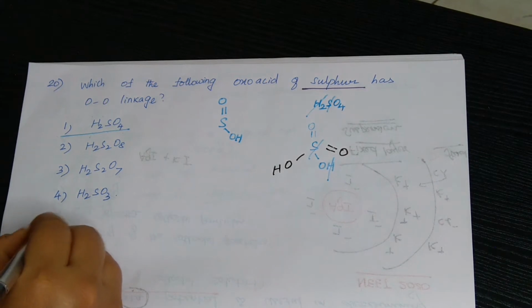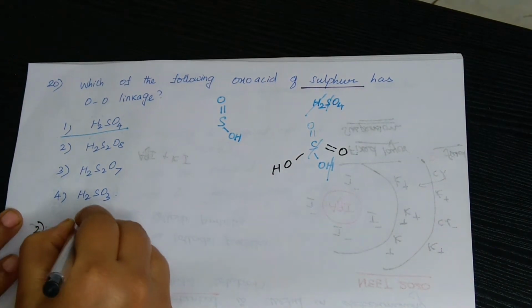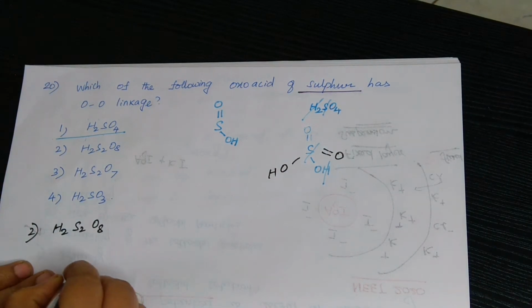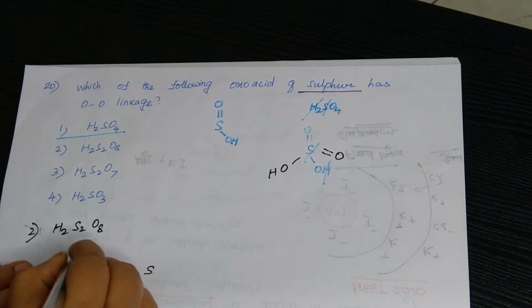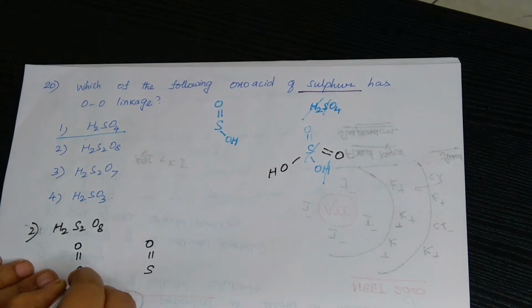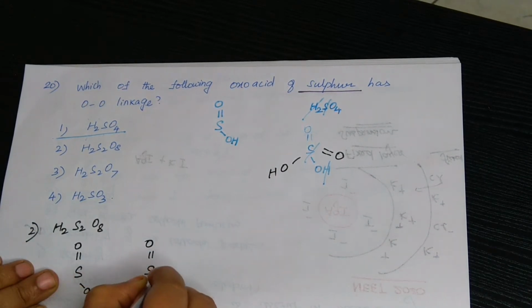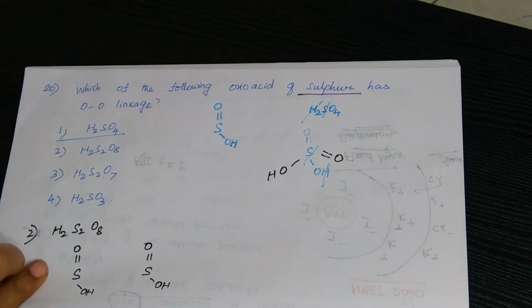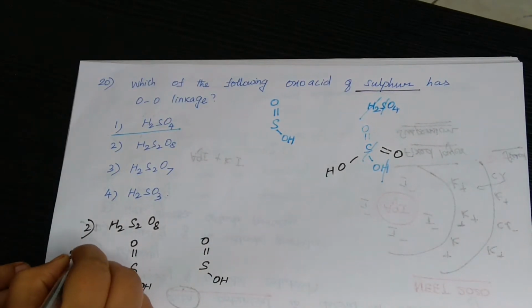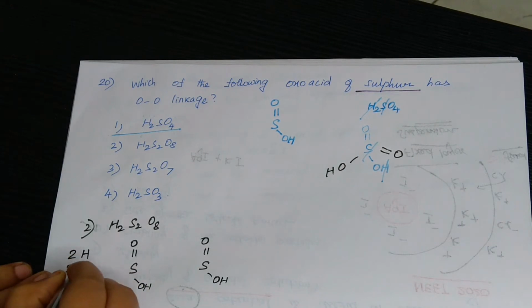The next one is H2S2O8. So you have 2 sulfur. Put double bond O, double bond O. This is common. And OH and OH. And this is common. See, how many hydrogens? 2 hydrogen, 2 sulfur and 8 oxygen.